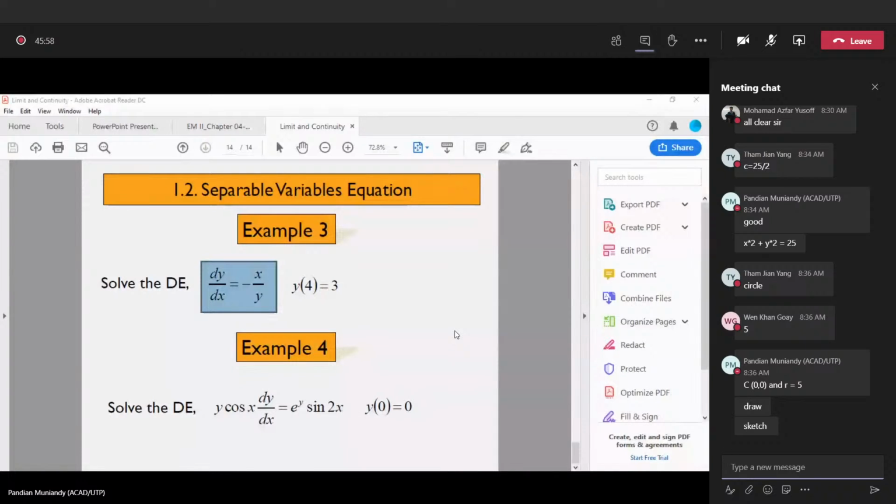So you can compare the solution with the Euler method and Heun's method and Runge-Kutta. Yeah, Mohammed Ayman, can you sketch the curve? Please answer, yeah?